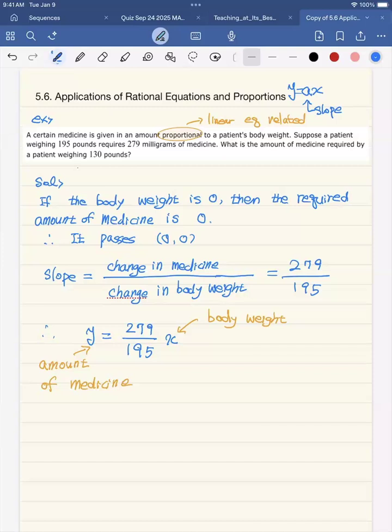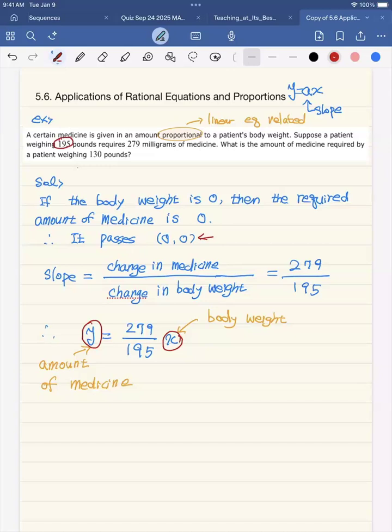When we set up a linear equation, the output must be the amount of medicine, so that will be represented by y, and body weight is represented by x. Change in medicine is 279 milligrams because it passes (0, 0). And change in body weight is 195 pounds.